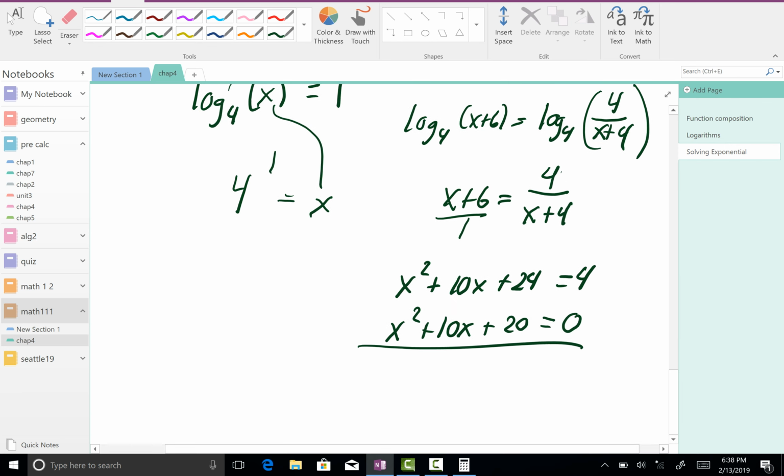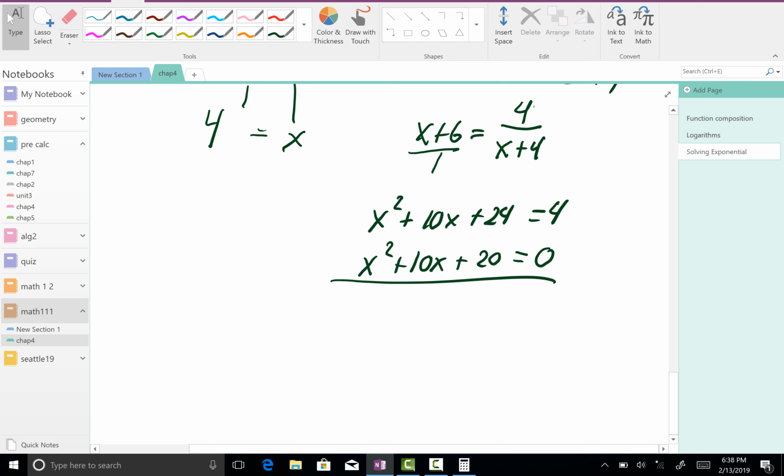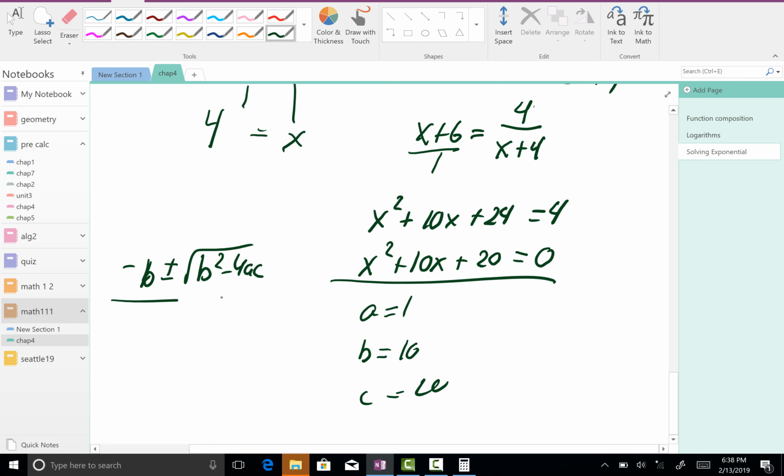No, yeah, it will. We can't factor it because it's not going to factor, but you can use the quadratic formula on it. You probably remember that. Look familiar?